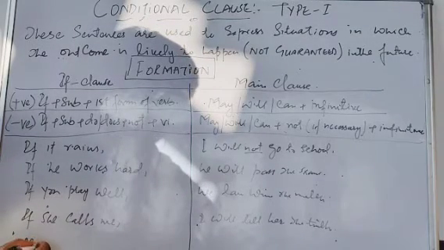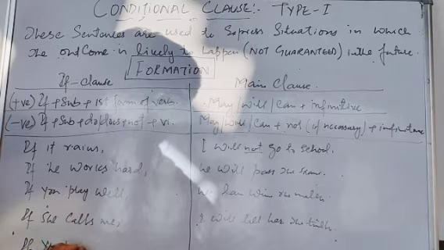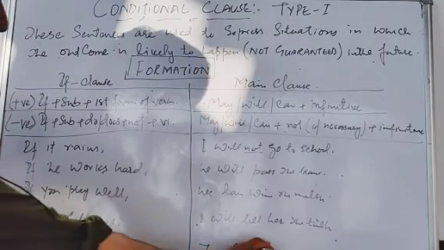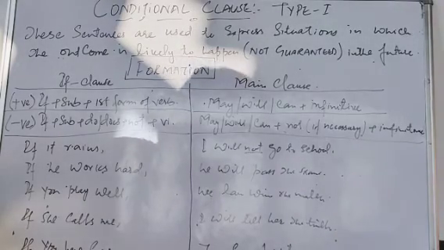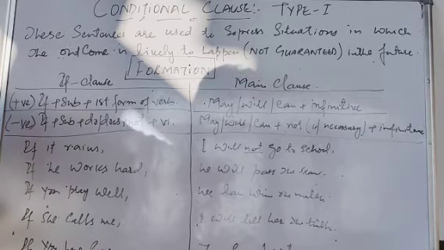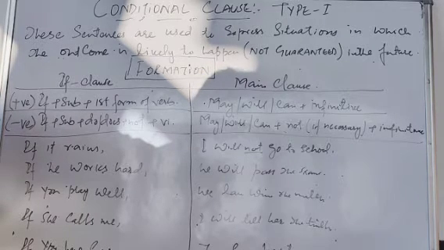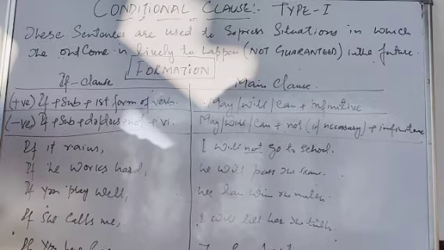If you have courage, you can fight. So basically all these examples are imagined before the action. The action isn't done yet, hasn't taken place yet. That's why we assume things, and that's why there is a probability that these actions may take place.